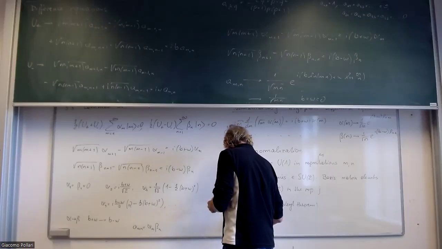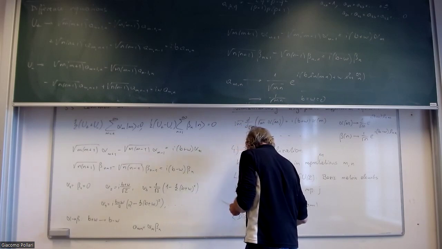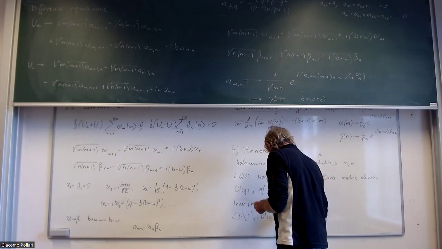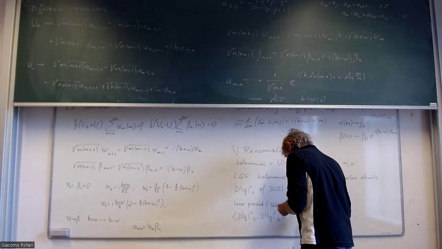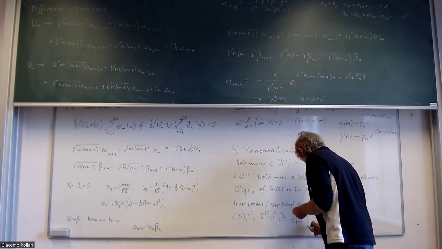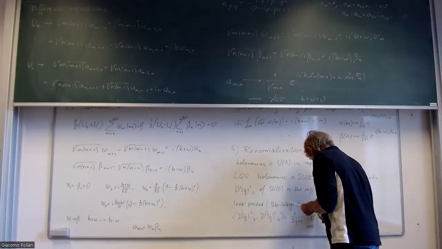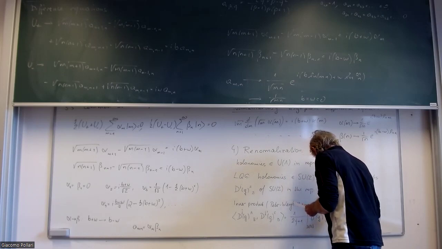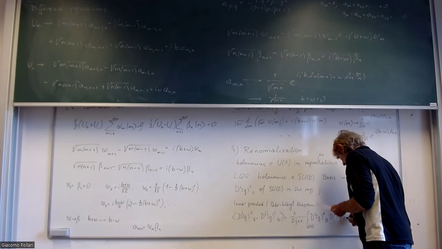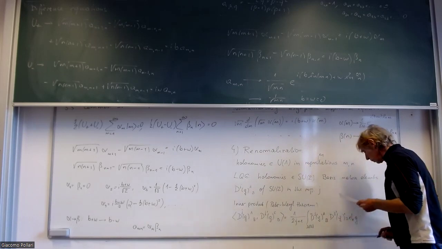the matrix element D^J of an element G, A, B, times D^J' of an element G, C, D, is, with the dimension of the representation J, the integral over SU2 of D^J(G)_AB D^J'(G)_CD with the Haar measure on SU2.